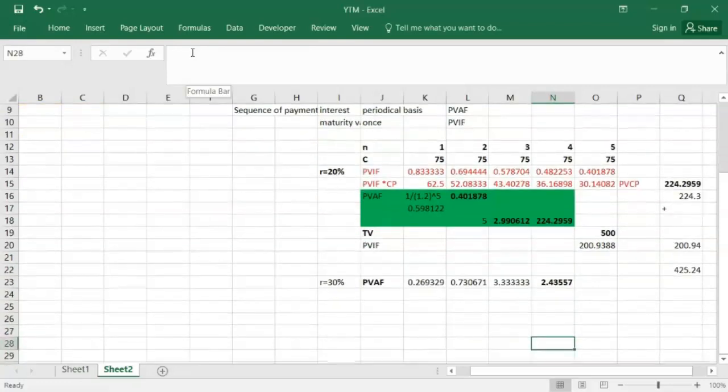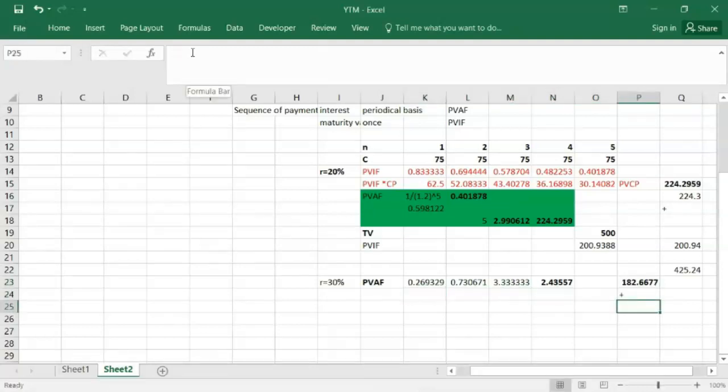This value is multiplied with the interest payment. The interest payment, which remains constant, is 15 percent of face value. It comes to 75 rupees. So the 75 rupees is multiplied, and you can get 182.667, which means 182.67 rupees. This value we call the cumulative present value of coupon payment. The cumulative present value of coupon payment is calculated.